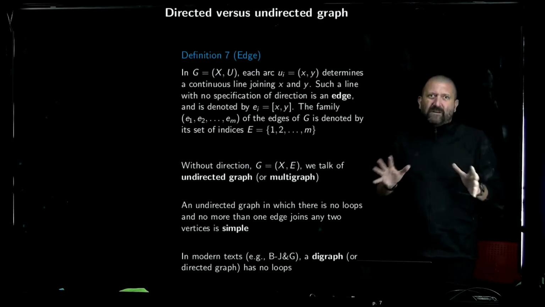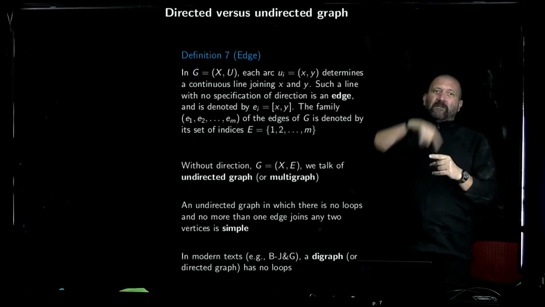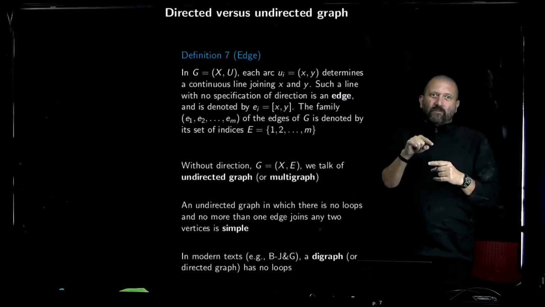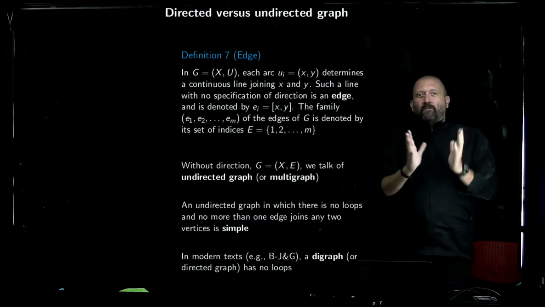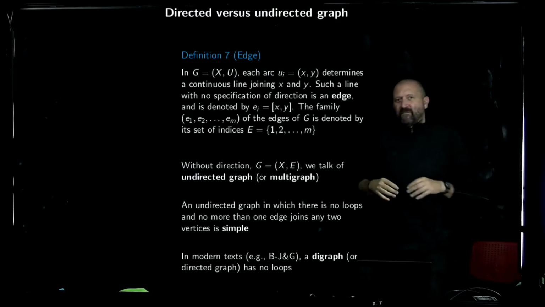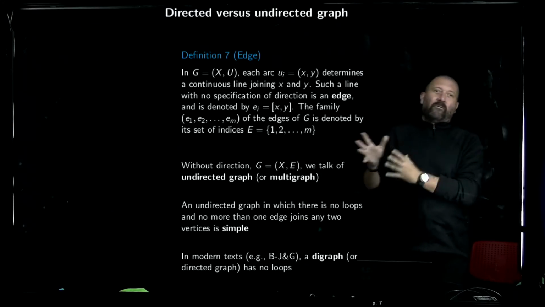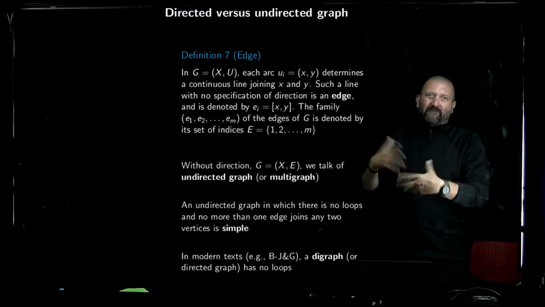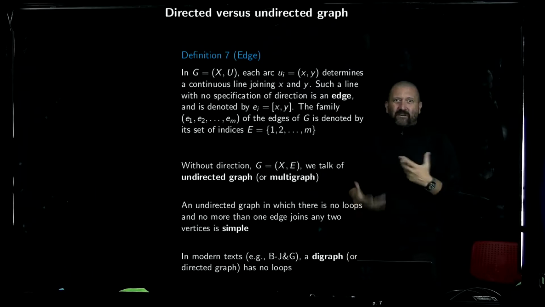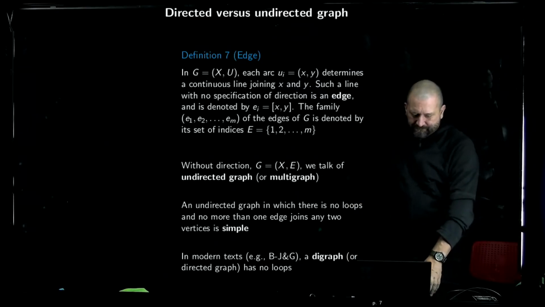This is not completely homogeneous. Some people will call digraph anything that can have loops, but no parallel arrows. Others remove the loops. And again, as I said, when you're looking at a text, you have to go back to the beginning, where they're defining things, to see which is the case that you're dealing with.